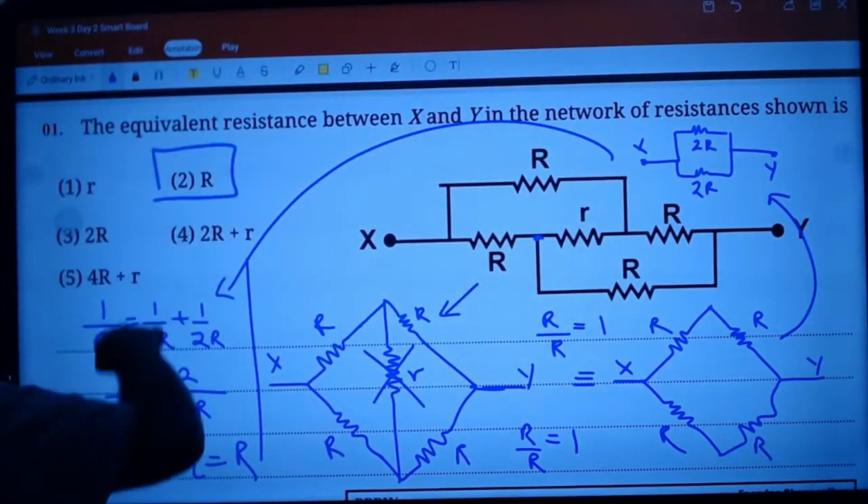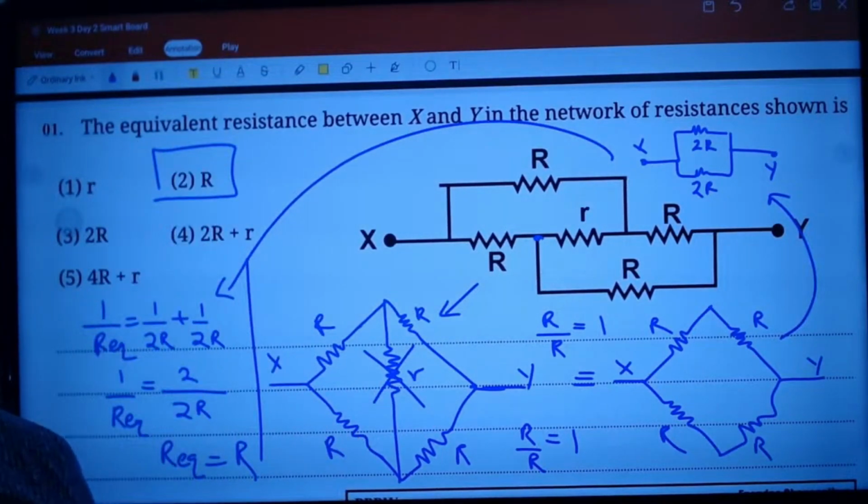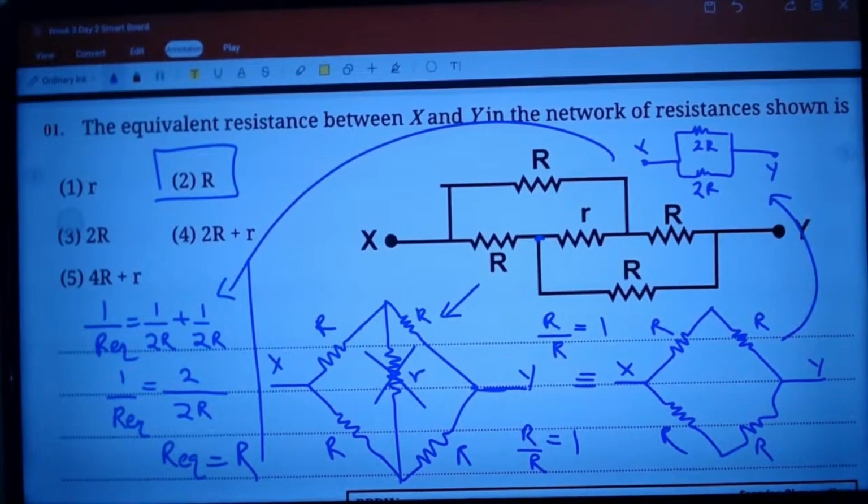The correct answer is answer number 2. Write the small sentence. This is a Wheatstone bridge configuration.